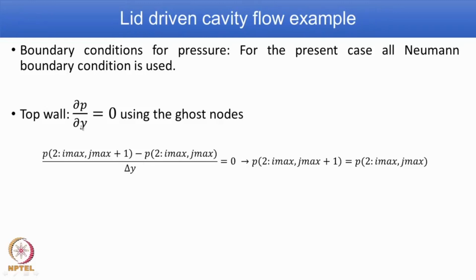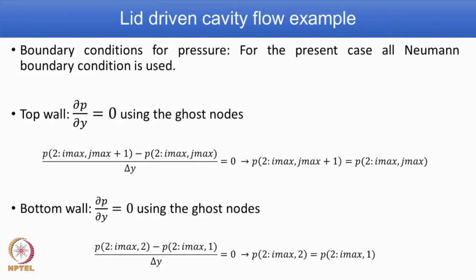That will result in dou p by dou y equal to 0, and if you rewrite, p at 2 to i max for x direction and j max plus 1, just above the lid, equals p at 2 to i max for i, and j max, just below the lid.